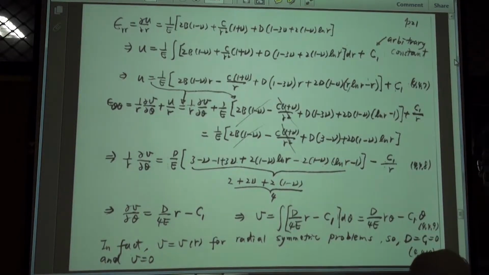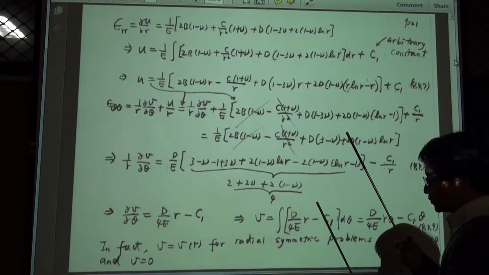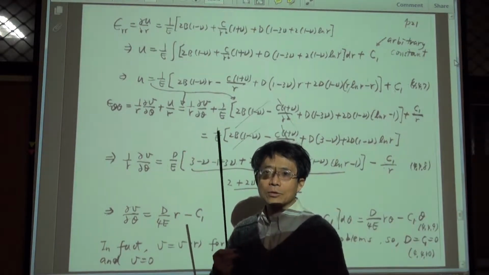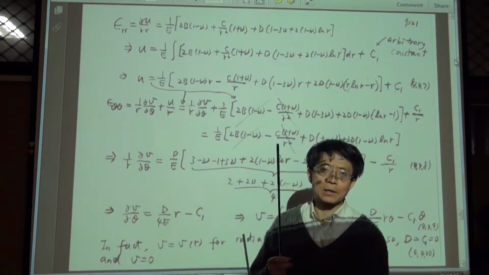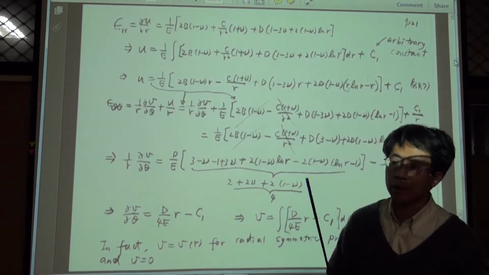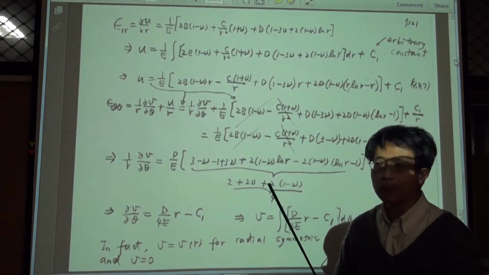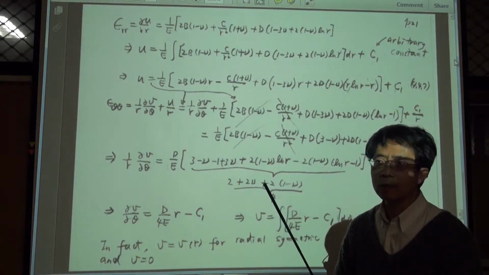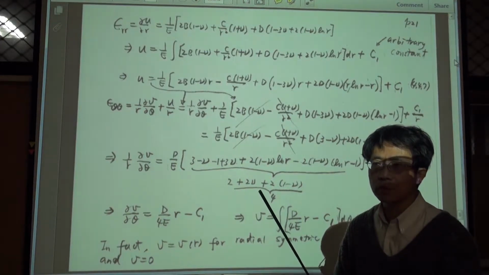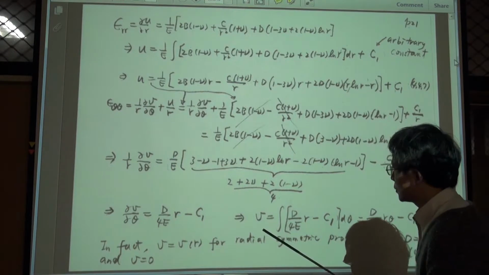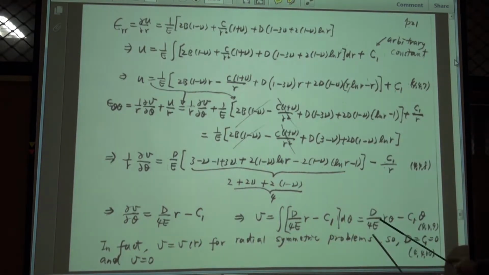Understand? So finally, we know why the constant D must be equal to 0, because if it is not equal to 0, then the displacement v calculated from the stress field and strain field will not be axisymmetric again. So D must be equal to 0.